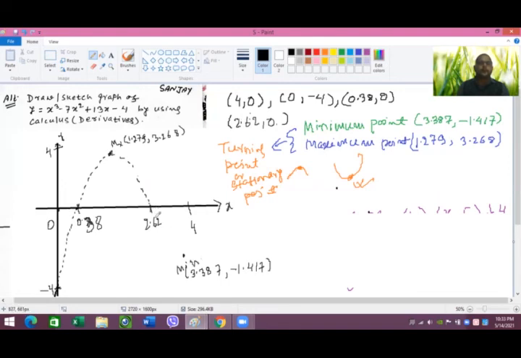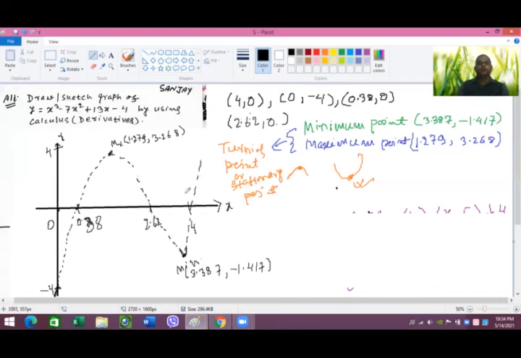So the curve descends like this all the way to the minimum point, and once the minimum point is reached, it turns. Therefore this is also called the turning point. And at x equal to 4, y is again 0, then it will rise up and go this way, a cubic graph.